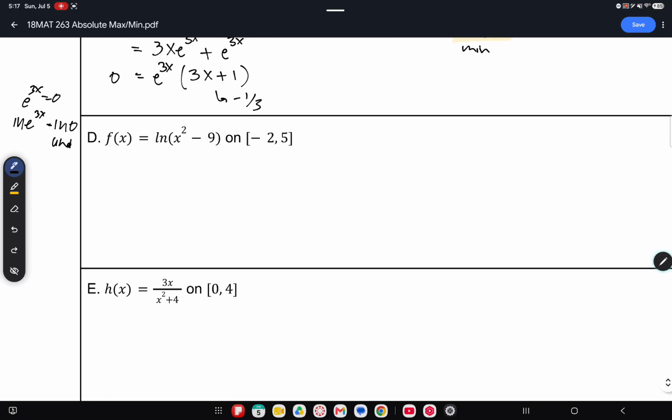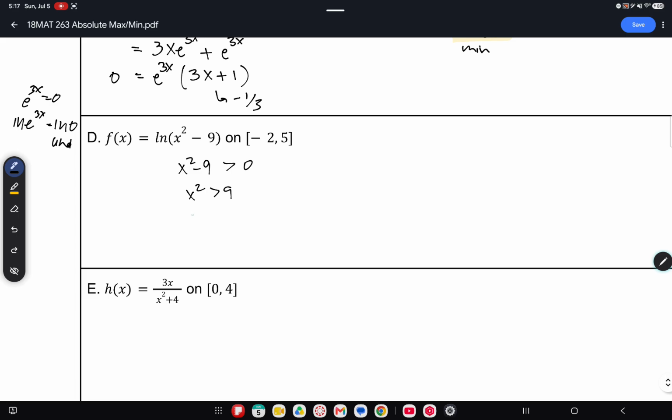All right. We have a log function here, so we have some issues. We need that middle chunk, what we're taking the natural log of, to be greater than 0, right? So let's see, I can add 9. X squared has to be greater than 9.